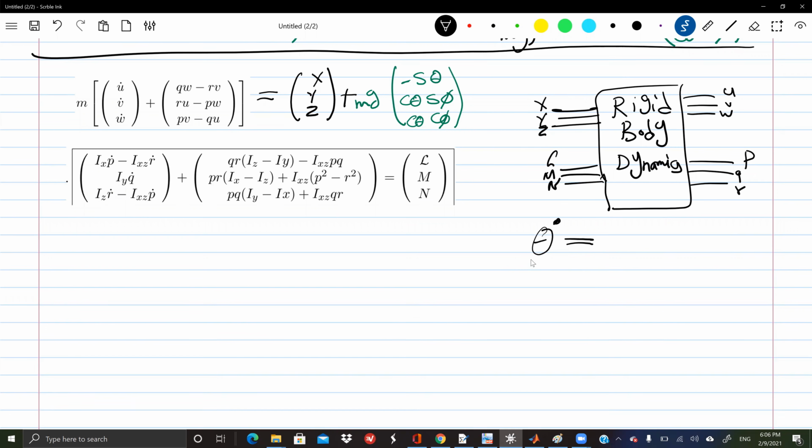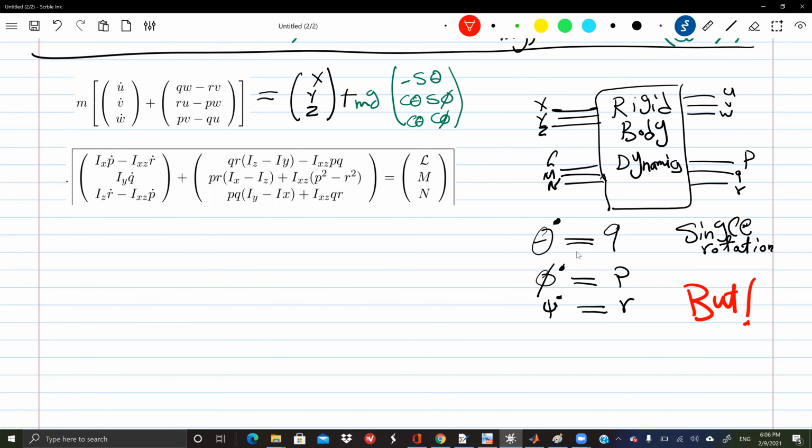Here we're talking about y. So this is indeed q. So if I have a single rotation, then theta dot is q, phi dot, the rate of change of the roll angle, is simply the roll rate. And psi dot, the rate of change of the yaw angle, is the yaw rate, right? But as always, we don't have a single rotation.